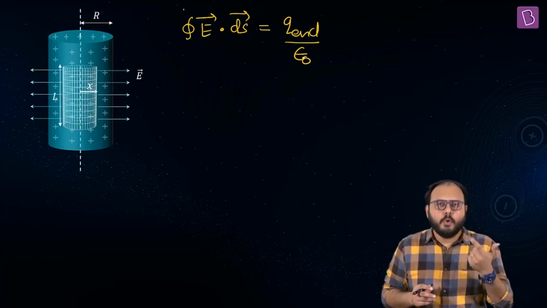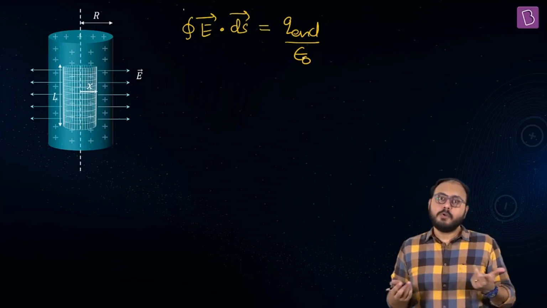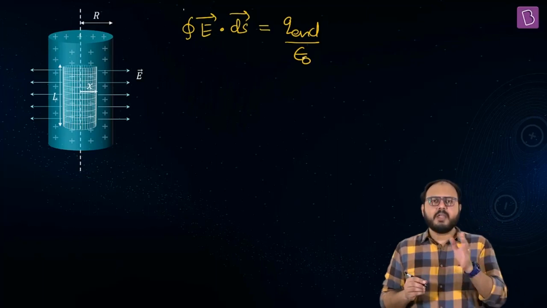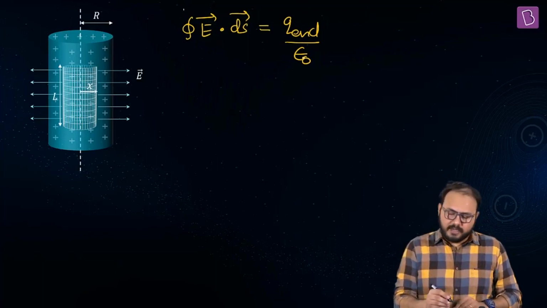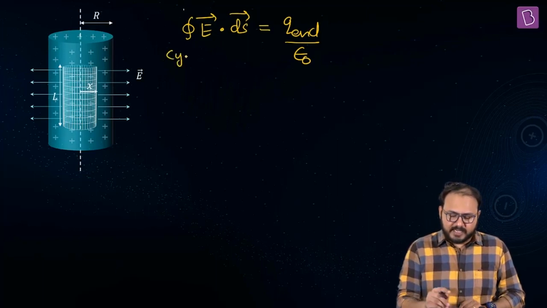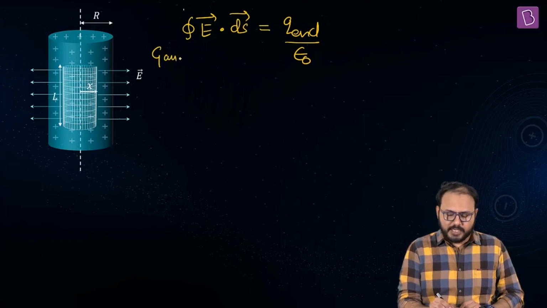Don't know, don't care. Applying Gauss law on that cylinder. So first term would be the entire cylinder. Instead of cylinder now, can I say GS? GS is short for Gaussian surface.